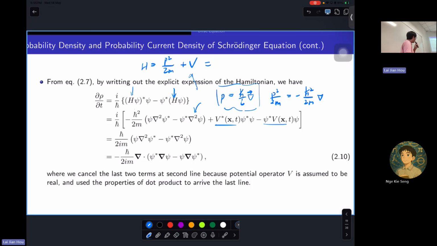The potential operator V can be cancelled out because it's assumed to be real.